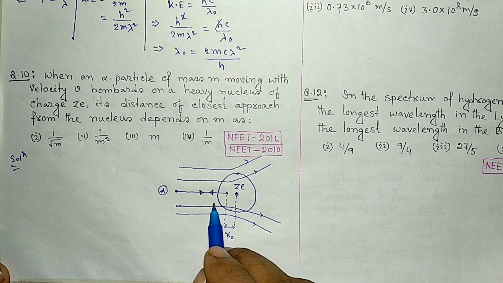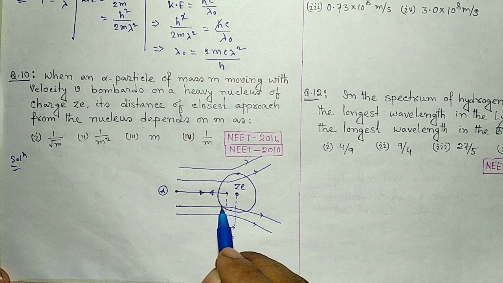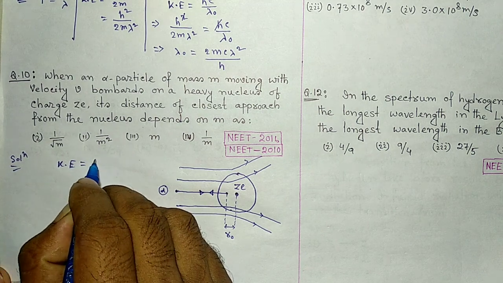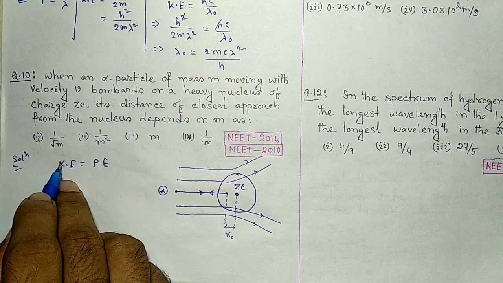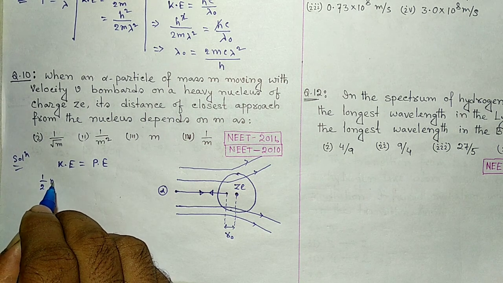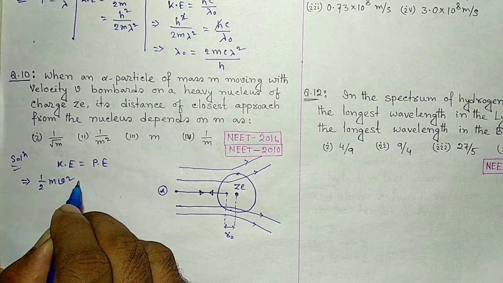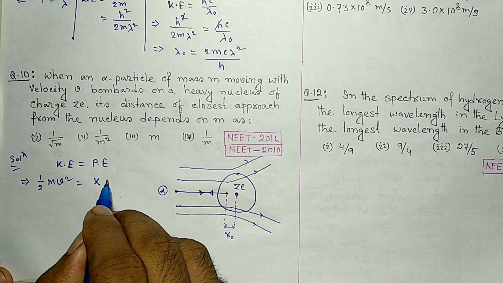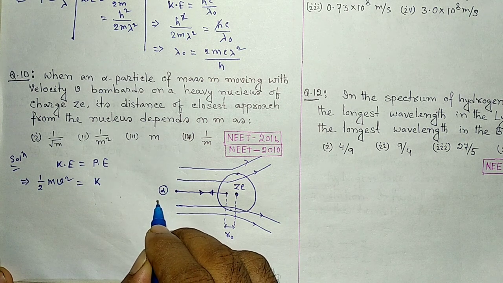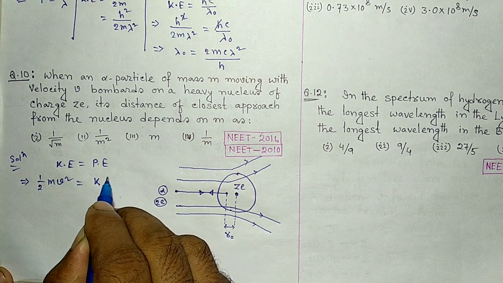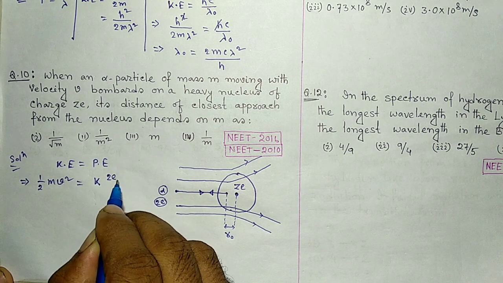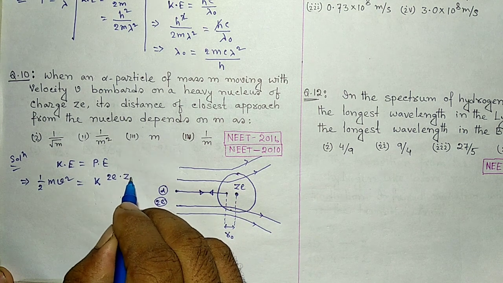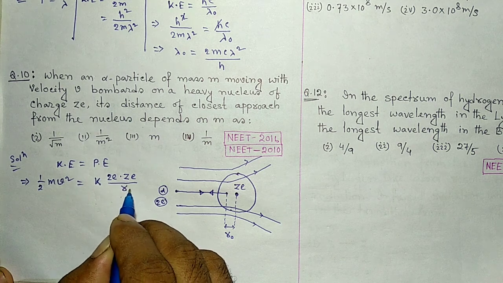In that case, all the kinetic energy converts into potential energy, so kinetic energy equals potential energy. Kinetic energy is half m v square, which equals potential energy K Q1 Q2 divided by R. The charge of the alpha particle is 2e, and the charge of the nucleus is Ze, so K into 2e into Ze divided by R naught.